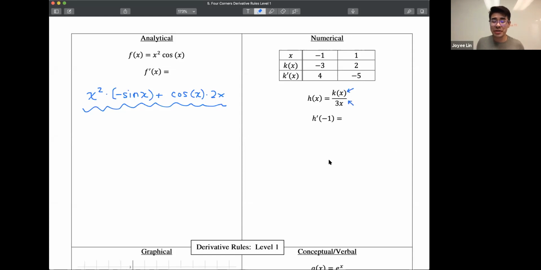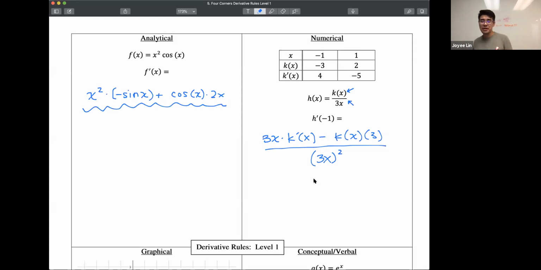Here's my quotient song: low D high minus high D low, over the square of what's below. If you get this on the test, you get a point for probably writing that out. Then you plug in the number that they give you for h. Let me make sure I have this written on the left-hand side.